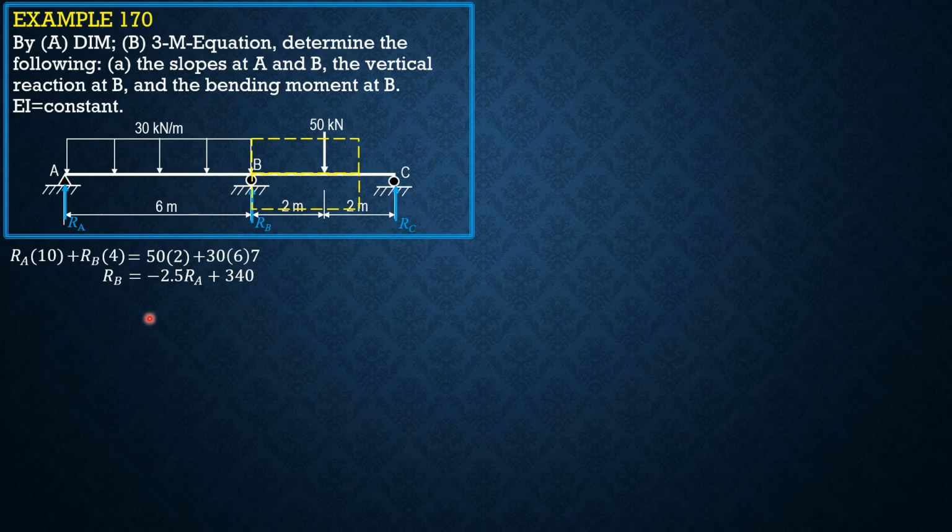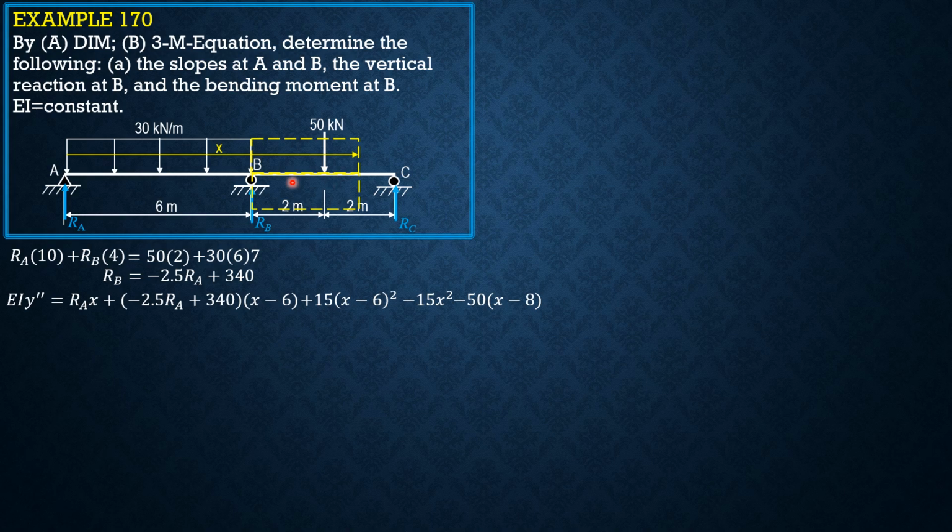Then we have EIY double prime, so call that X. EIY double prime equals moment equals RA times X plus (negative 2.5 RA plus 340) times (X minus 6) plus moment of this upward loading, 30 times (X minus 6) times (X minus 6) over 2, or plus 15 quantity (X minus 6) squared, minus 30 times X over 2, or 15, minus 15 X squared, minus 50 times quantity (X minus 8).